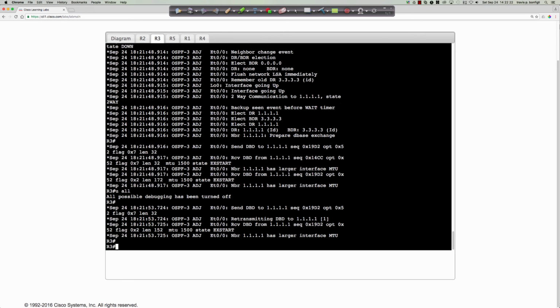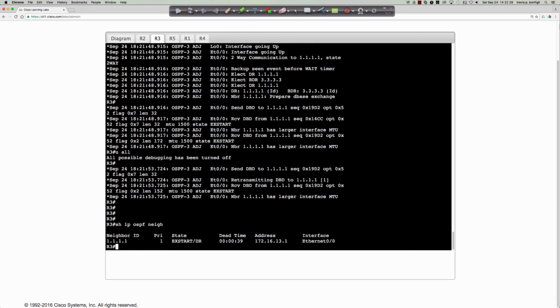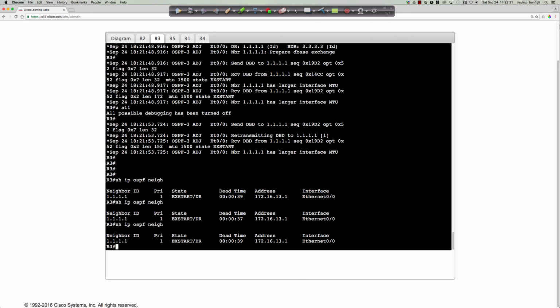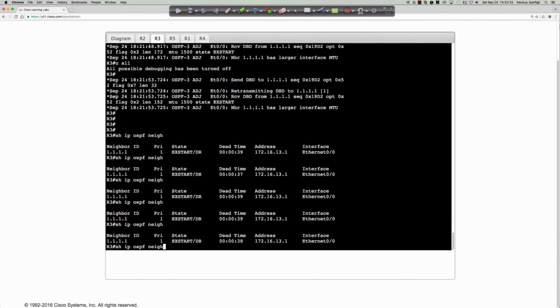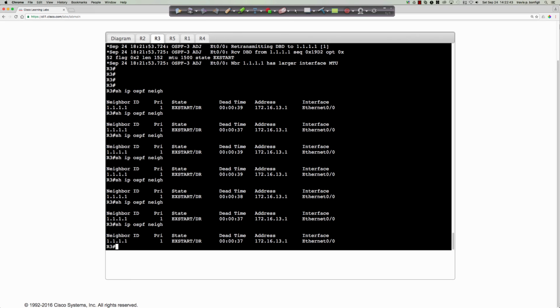And in fact, that is the state that, if we said show IP OSPF neighbors, it's going to bounce between, right? So it's going to go to EXSTART, but it's never going to get past EXSTART, okay? Because the MTUs do not match. And so obviously, one of the things that we could do is, we're in that exchange start state.